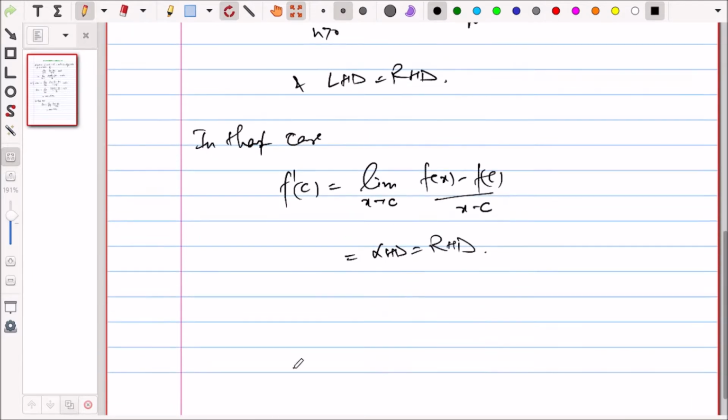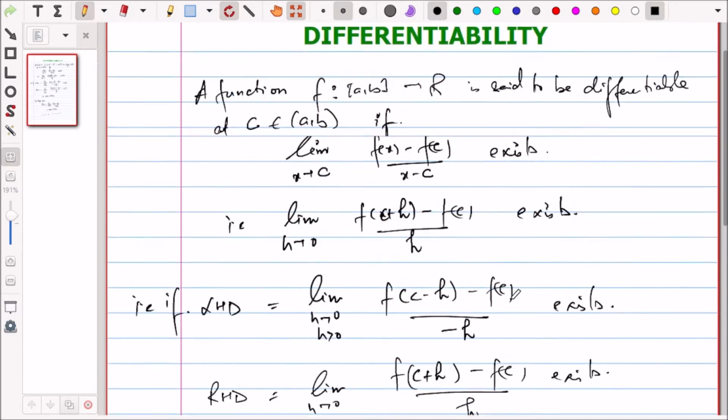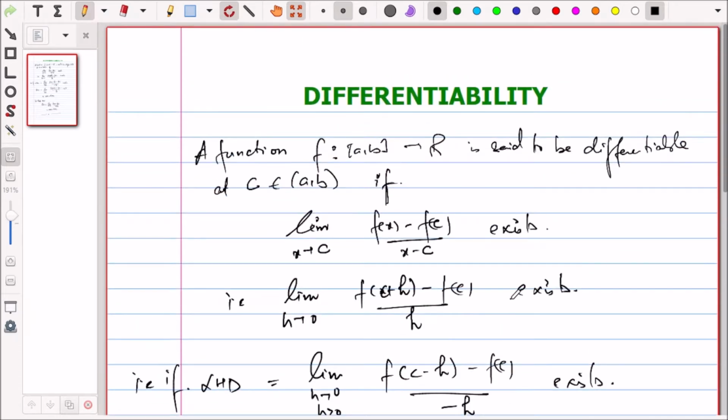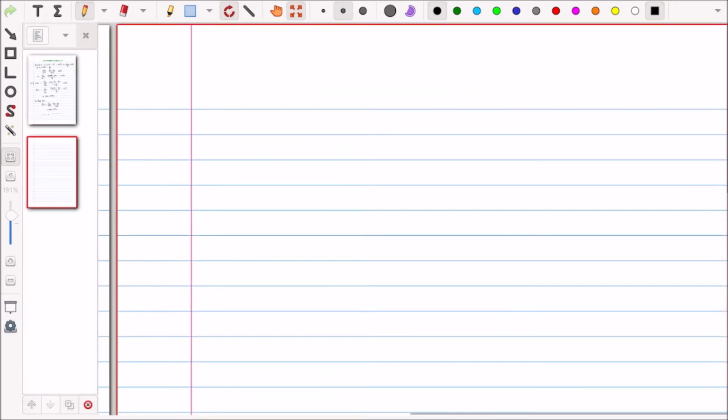Okay, is it fine, everyone? Is it clear? You have studied this already, okay? So this is the definition.